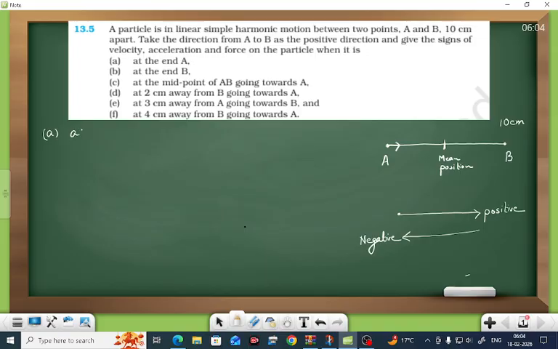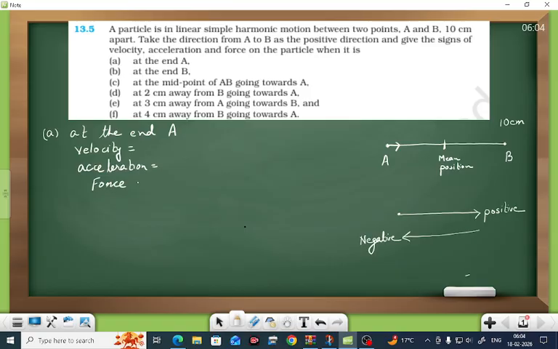At the end A, we have to find the signs of velocity, acceleration and force also.